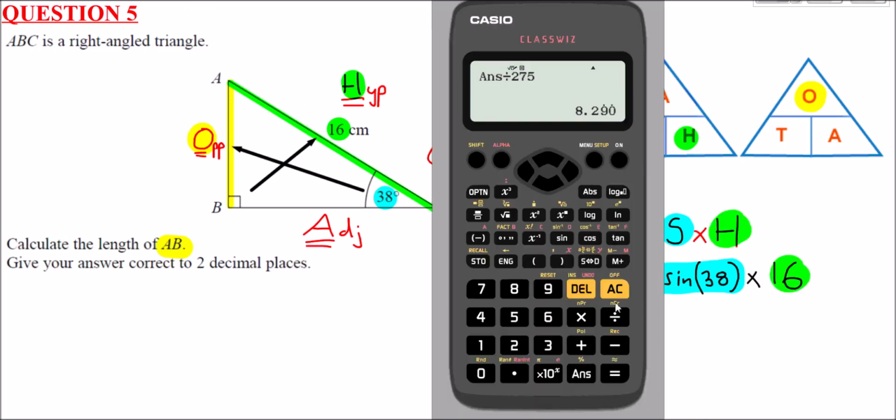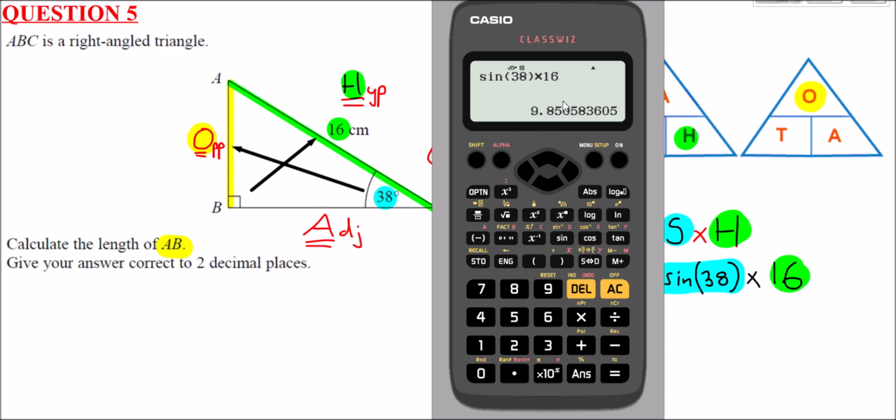So we type in sin 38, and really importantly, close that bracket off, otherwise it'll work out the sine of whatever 38 times 16 is. Whereas actually we want sine of 38, then multiply that by 16, and that gives us an answer.